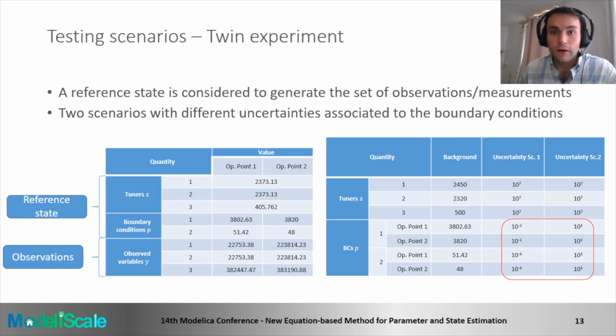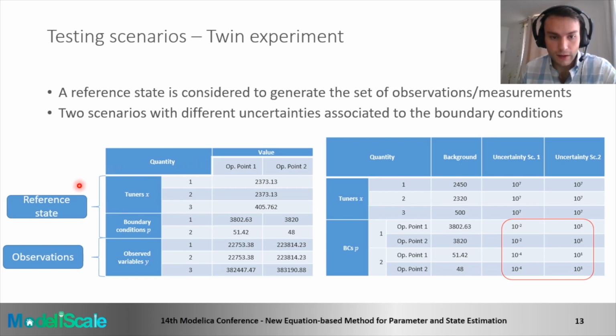This is obtained for a given state, and then the goal is to find this state again, to see if by data assimilation it's possible to find again the state that was used to create this reference state, but starting from a different one. So that's what we have tried to do.